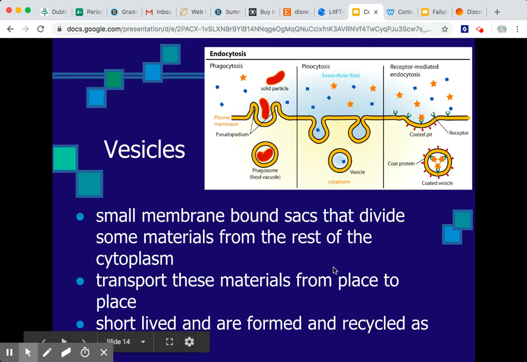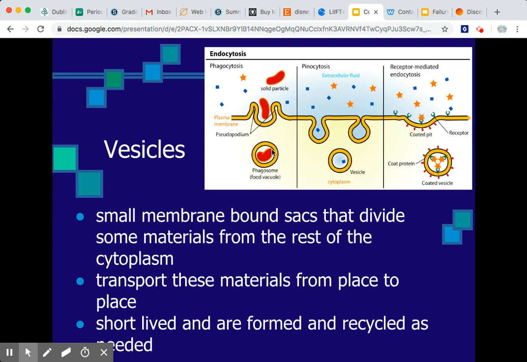When we talk about vesicles, again, vesicles are involved with other organelles in transport. Most of the time, they're small membrane-bound sacs that divide the materials that have come into the cell from the rest of the cytoplasm. Their main job is transport. So if you'll notice, this guy is bringing in food. The cell membrane pinches off.